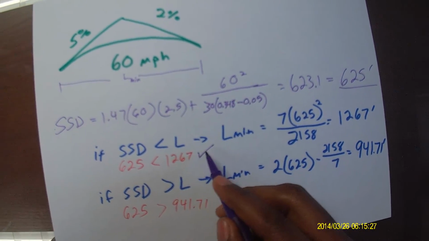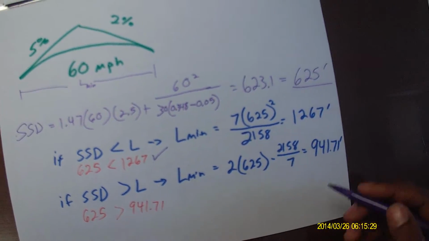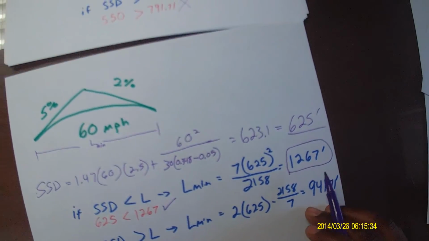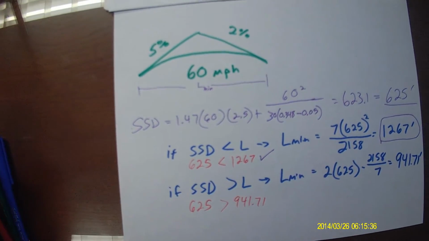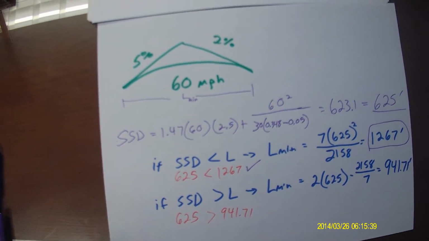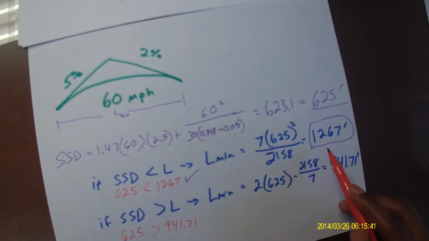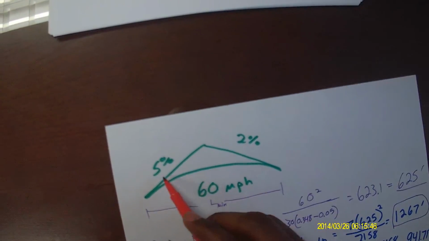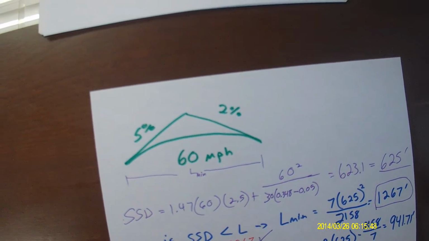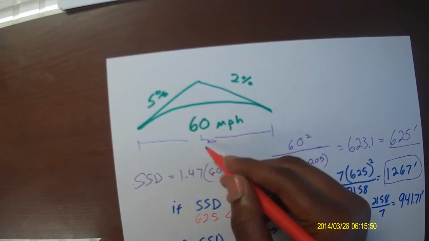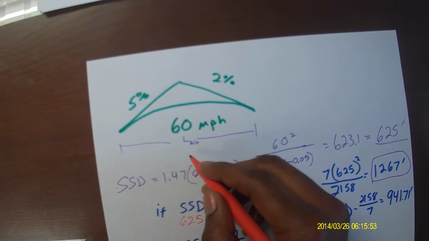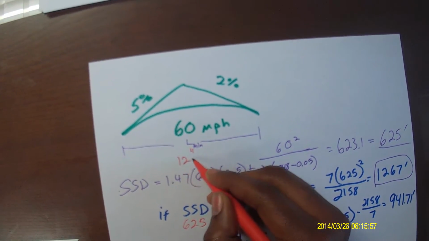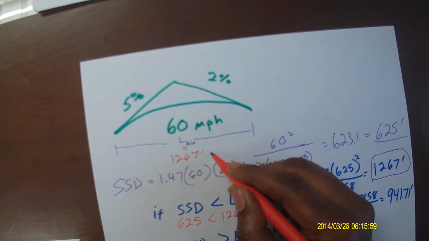Therefore, whatever number I got for this equation is the correct number. So when I do actually use a length, I need to know that if I'm designing for a 60-mile-per-hour road with a grade such as this, I am going to make sure that my L min, or my length, is no smaller than 1267 feet.